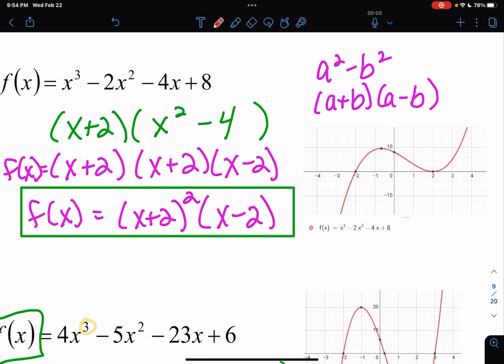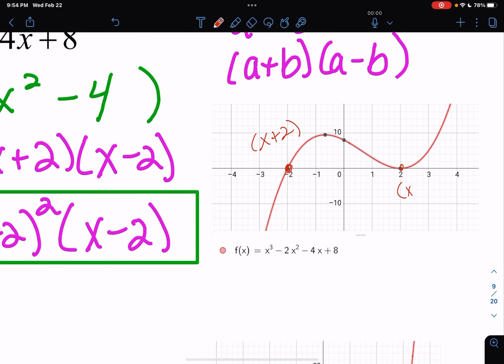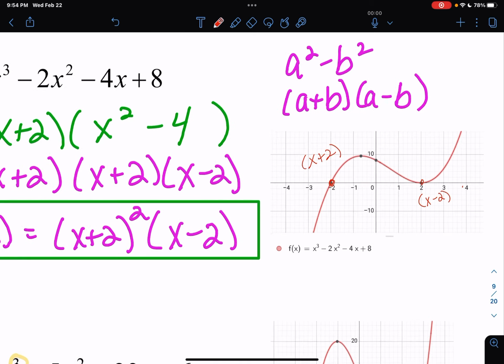So again, we found that x minus 2, x plus 2. So with synthetic division, when we put a -2 in the box, that corresponds to the factor x plus 2, and over here corresponds to the factor x minus 2. Oops. In fact, that factor is repeated twice.